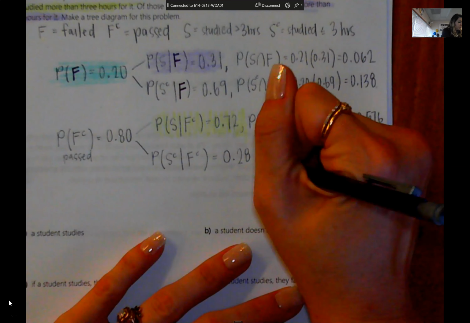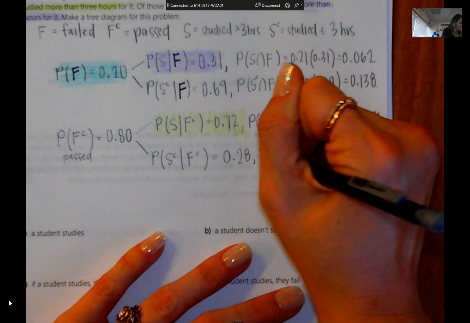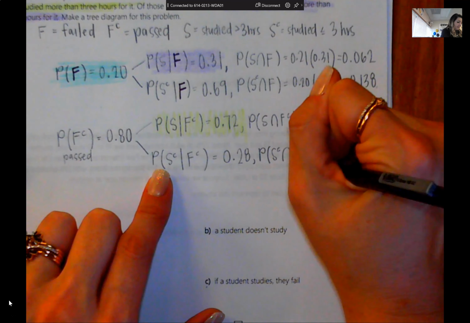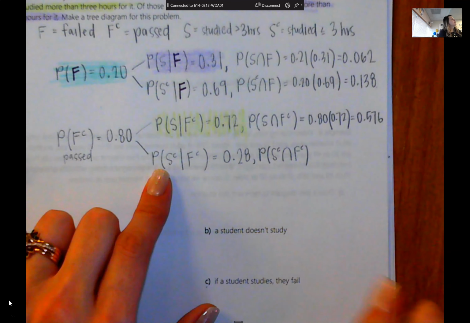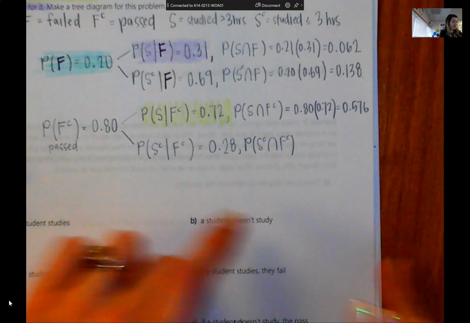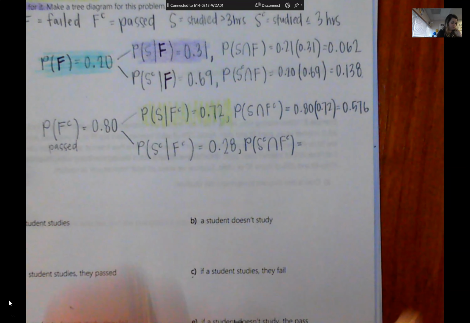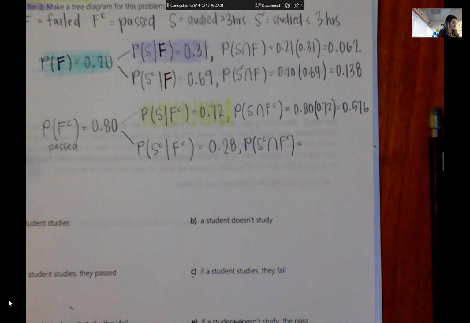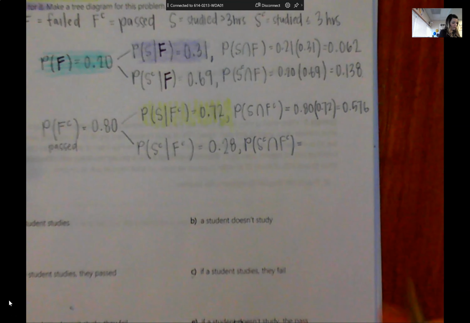And then the last one that we can calculate is the probability that they did not study and they passed. Did not study and passed. So you guys find that one just real quick so that I'm not just doing all of them for you. Two, 2, 4?